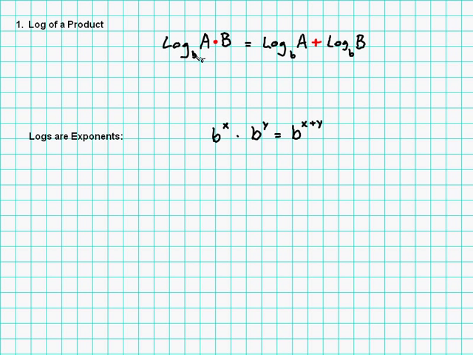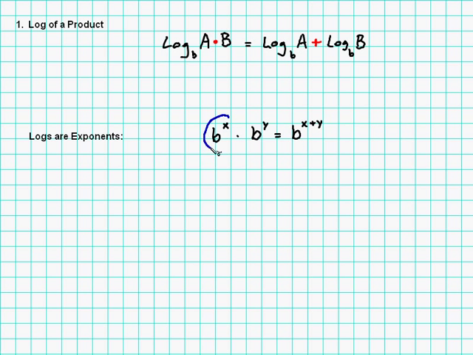Okay, notice that the log of the product equals the sum of the logs. Looks a lot like what happens with the exponents in a regular exponential problem here. So we're adding exponents in order to multiply two numbers. In fact, we can structure a proof of this statement based on this statement.